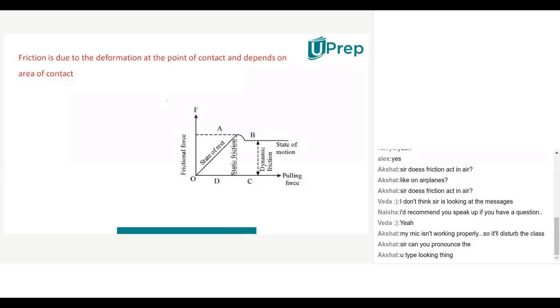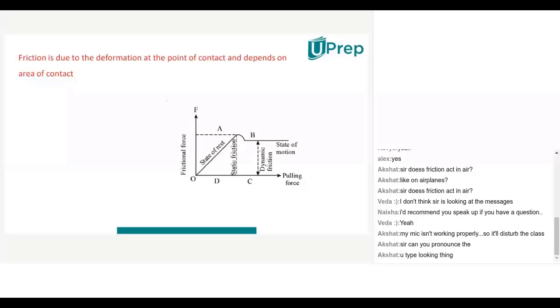Now, if I ask all the people, tell me what is your answer. Suppose an object is in a state of rest, a big block, and I apply force, still it is not moving, and when I increase the force, after that it starts moving. After starting the motion, is it easy to increase its velocity or not? Yes, sir.